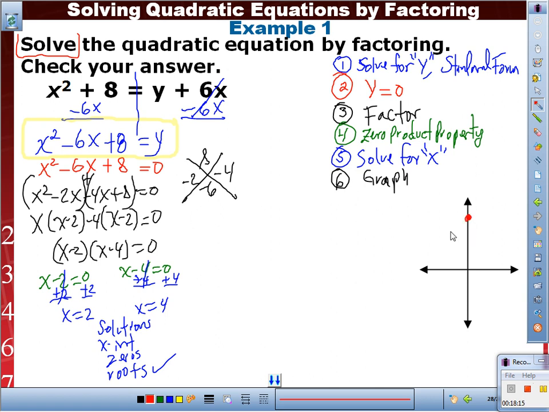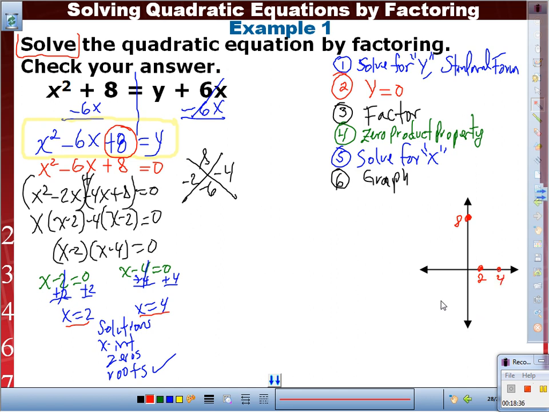You see how your noodles are already there? That is correct. 8, because it's the constant in the equation. What are our x-intercepts? 2 and 4. From left to right, for me to graph this. Copy that, please.